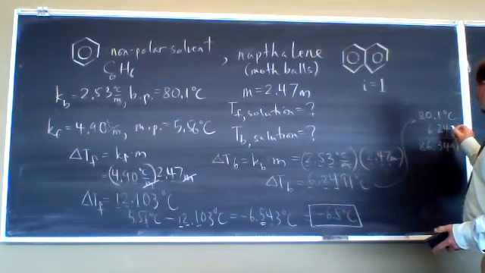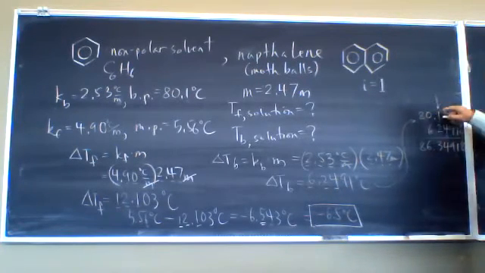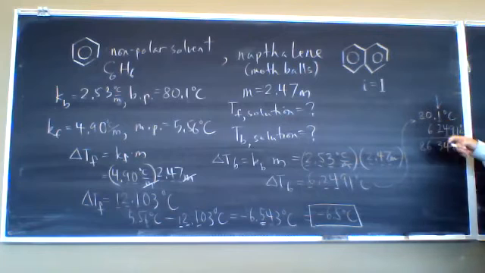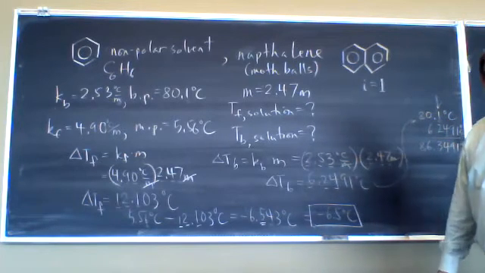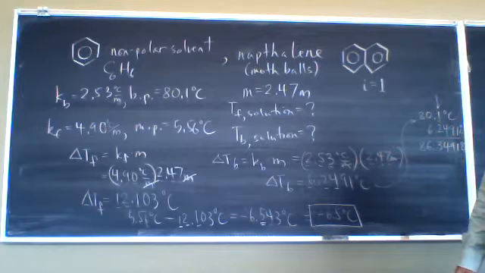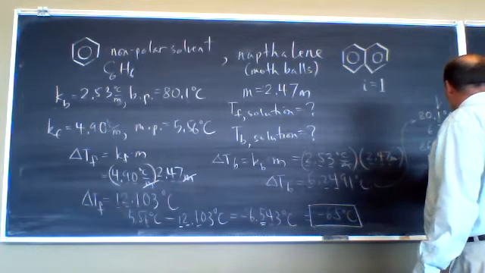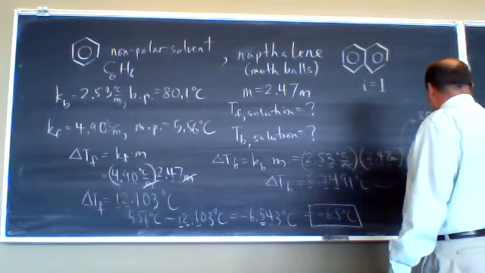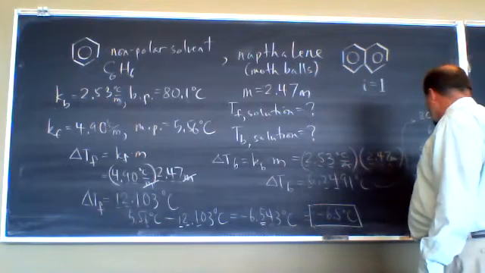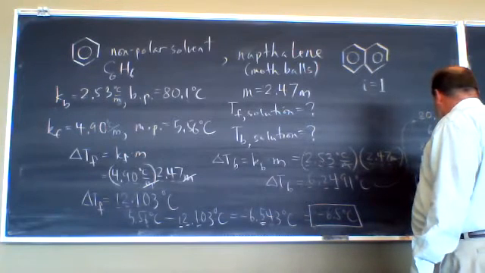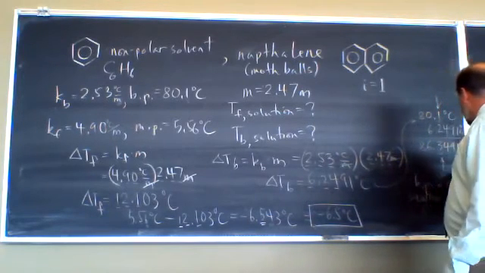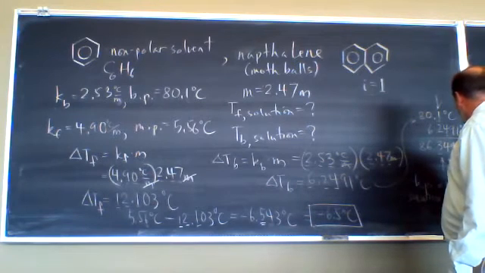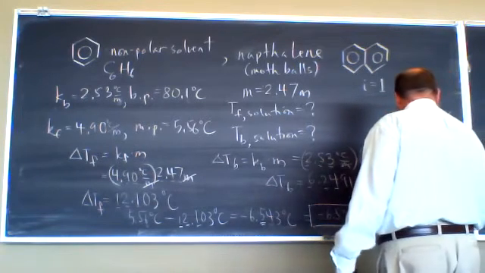So we're going to restrict our answer based on the number that extends the fewest places to the right for addition and subtraction. This answer can only be accurately reported to the tenths place. And so the new boiling point for this solution is going to be 86.3 degrees Celsius.